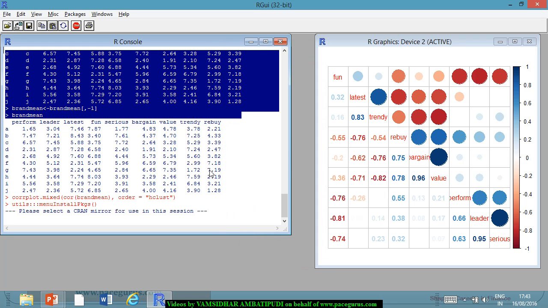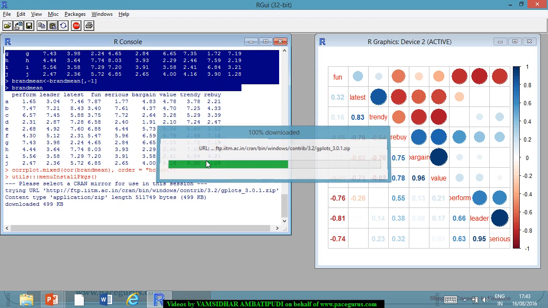If required, on top of gplots, if I want some kind of color coding, I can use the color brewer packages.